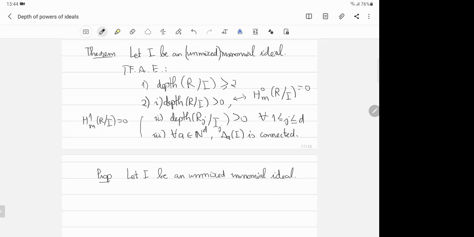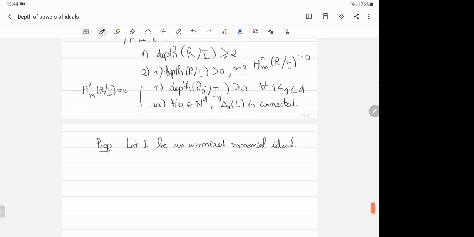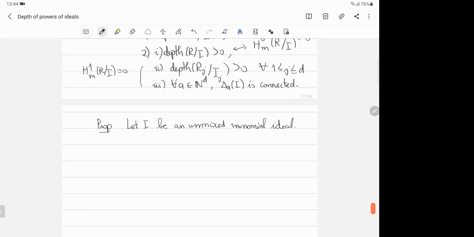In this result, we can completely describe the facets of the degree complex for every vector. This is a vector. Then, okay, this is the notation for the facet.